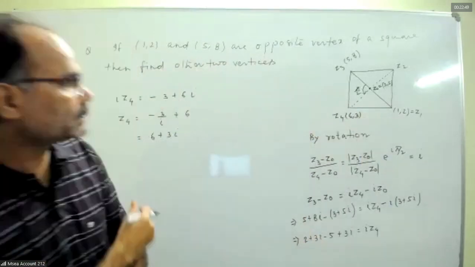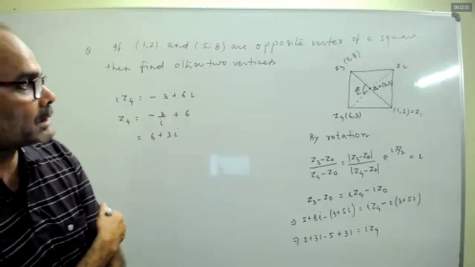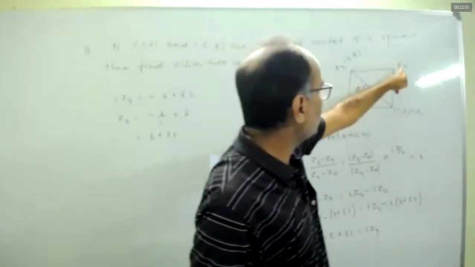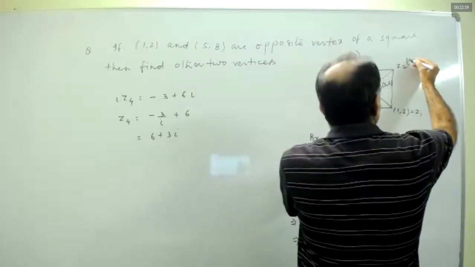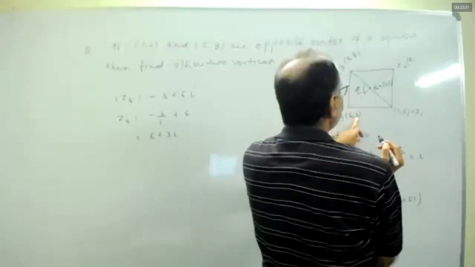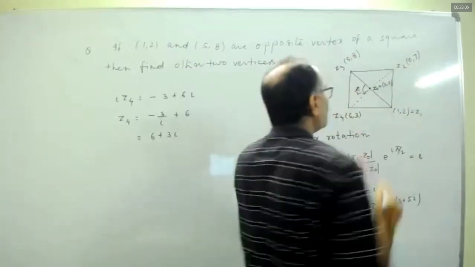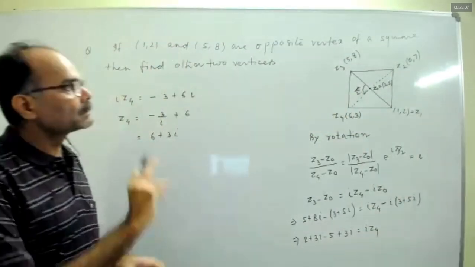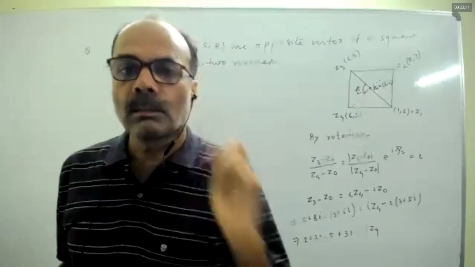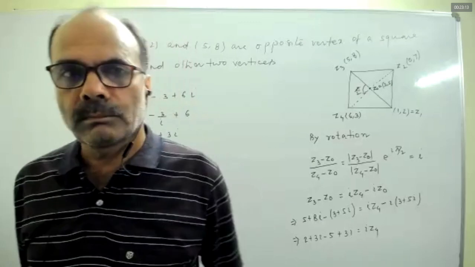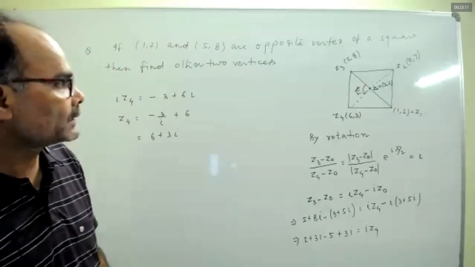Now we don't need the rotation notation. By the midpoint section formula we can find the coordinates of the other vertex. So this will be (0, 7).